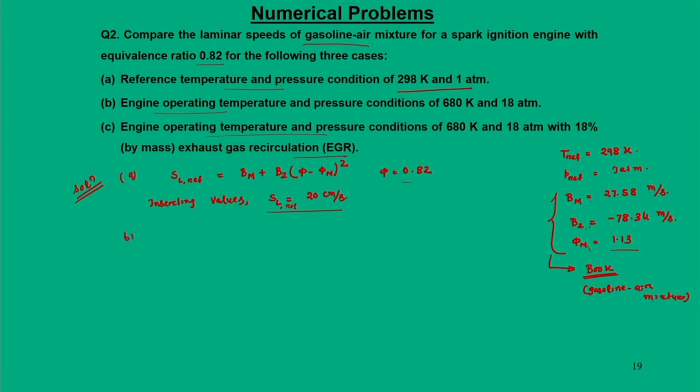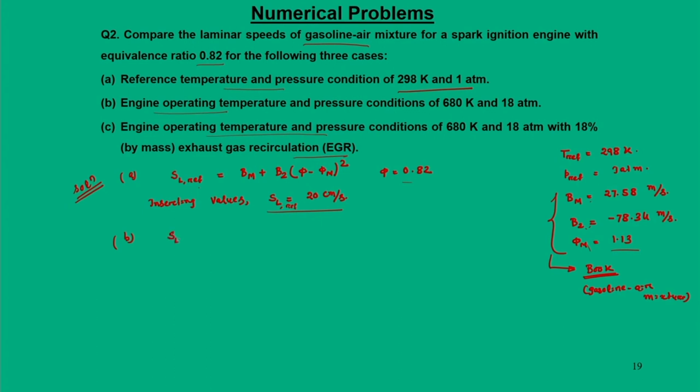The second part is we have to find, with this SL reference data, the flame speed at engine operating conditions. So, we have to recall the dependence on pressure and temperature.